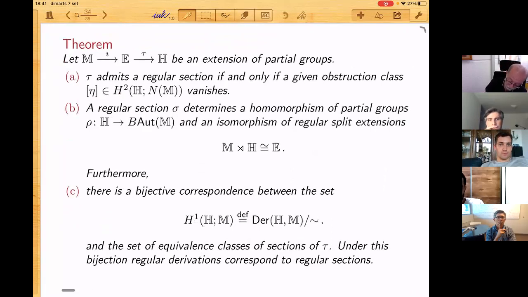Given an extension of partial groups, tau admits a regular section if and only if some given obstruction class vanishes, right? And notice that this is a normalizer of M. This might not be abelian, so this is non-abelian cohomology, right?